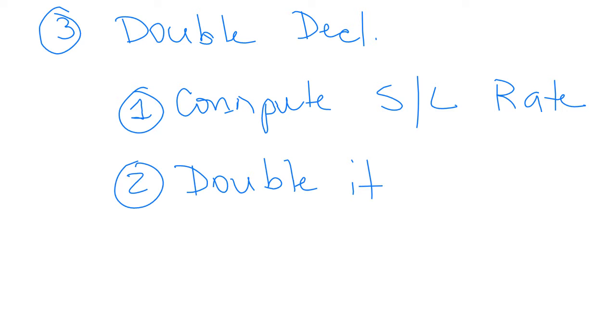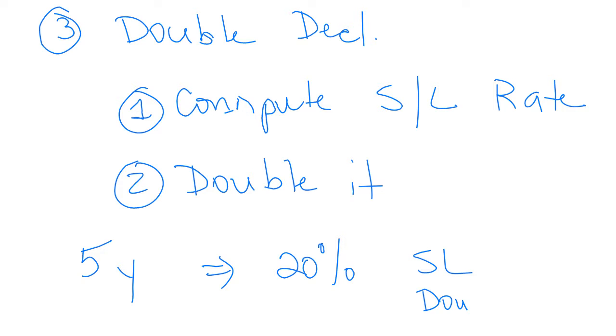So for example, if an asset has a useful life of 5 years, every year of the useful life we will be depreciating 20% of its value under the straight line depreciation. Under the double declining, we'll be doubling the rate to 40%. Again, we do that because we assume the assets are more efficient, they contribute more to revenues early on in their useful life.